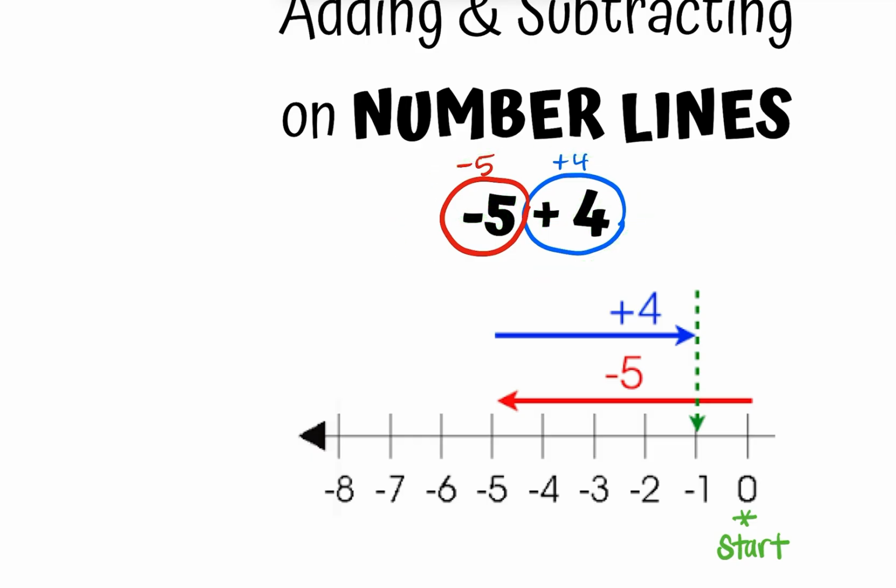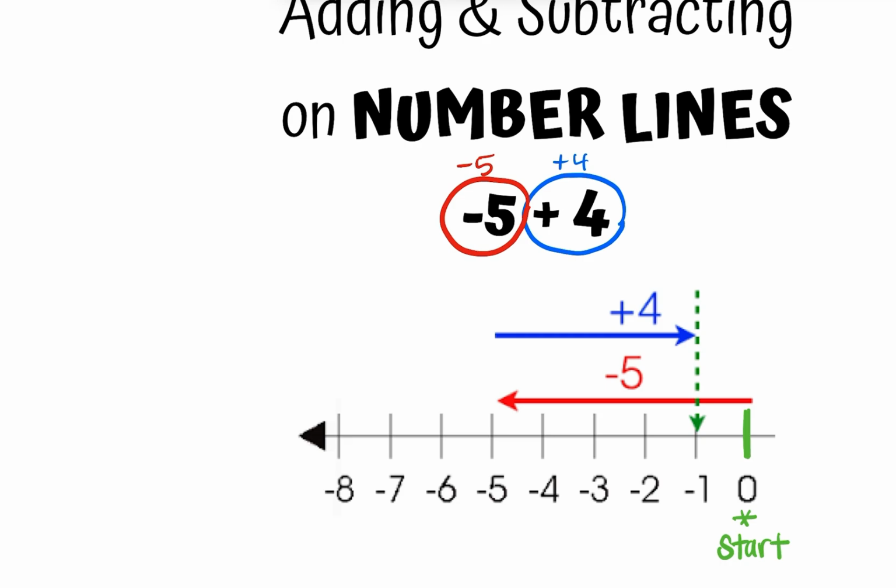We're starting with nothing. So we need to start at the nothing line, which is 0, right? 0 is our neutral value, okay? So we are going to start at 0. No matter what it looks like, we're always starting our number line at 0 when it comes to graphing integers on a number line, okay?